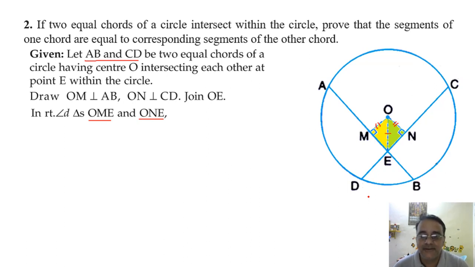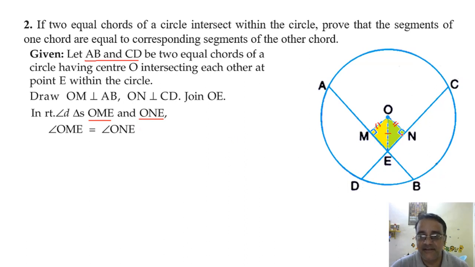See, two chords are equal, AB and CD. Okay, and we know that the perpendicular distances of two equal chords from the center are equal. एक theorem पढ़े ना, equal chords are equidistant from the center, right? So first, these two angles are equal. Why?